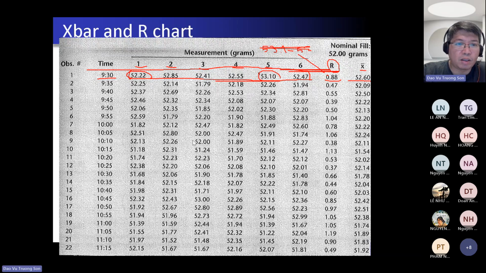Please work along. Your job is to calculate the rest of the subgroups at least halfway, or you can use Excel for the rest, so that you get familiar with the calculation process.